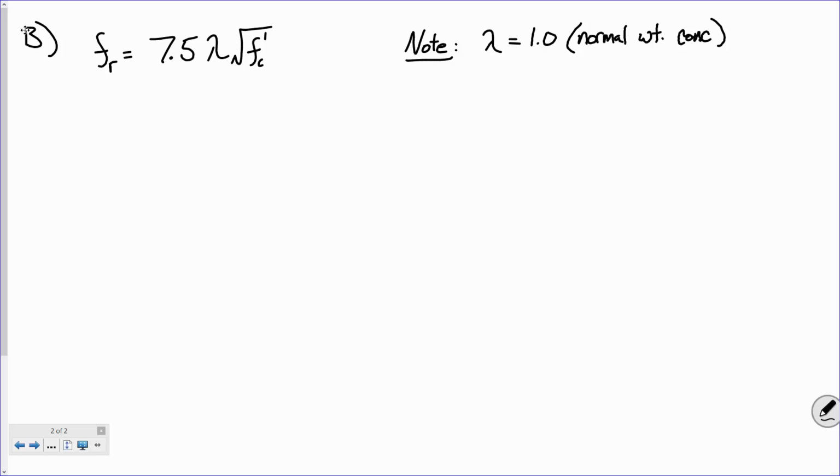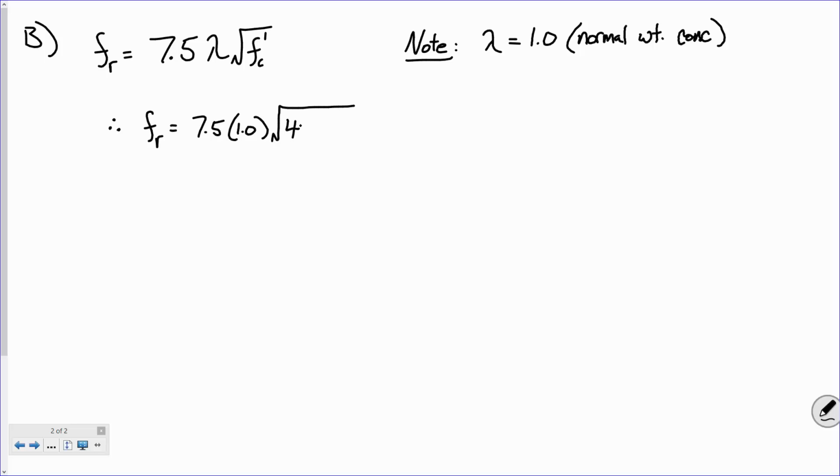Everybody good? Now, therefore, F sub r is 7.5 times 1.0 times the square root of. And this is where you got to start getting used to this right off the bat if the units drive you nuts. It is what it is.